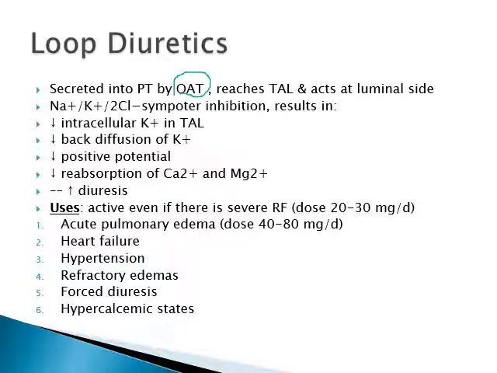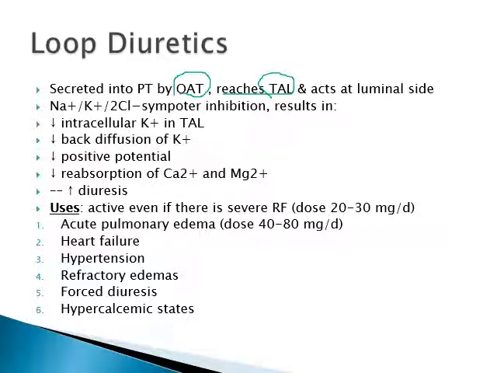And from the proximal tubule, traversing the loop of Henle, they will reach their site of action, the thick ascending loop, and obviously they will stay on the luminal side. The transporter present on the luminal side, the sodium potassium 2 chloride symporter, is inhibited by these agents.